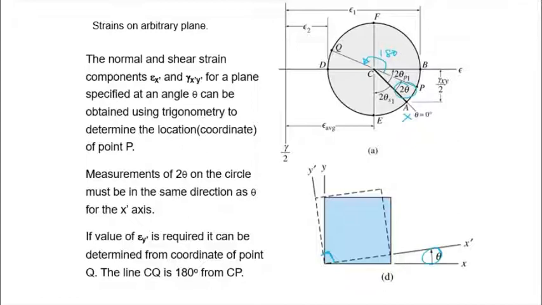Now to find the deformation on the x prime, we just find the coordinates for point P, and on the y prime we find the coordinates of point Q. So finding these coordinates should be easy using geometry.